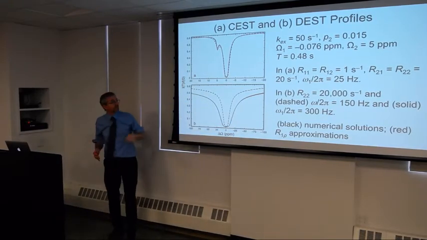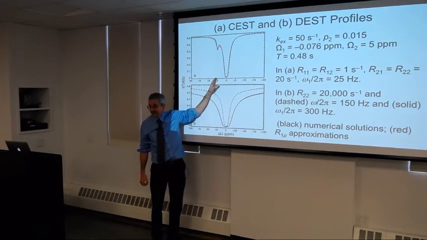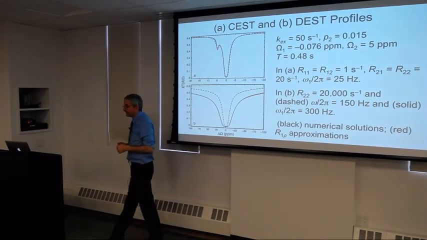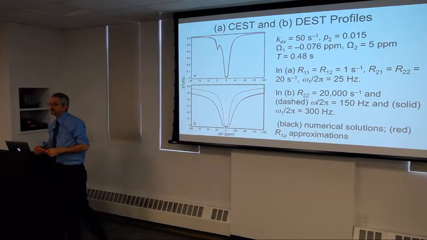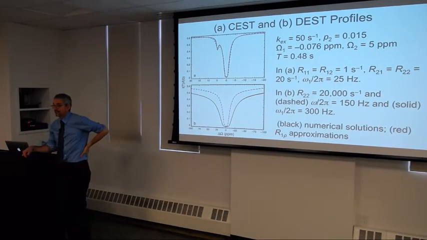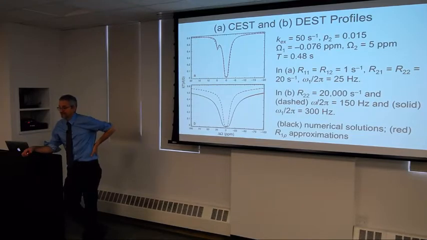Now, this depends on the chemical shift difference between the two states. But you also could have a huge relaxation difference between the two states. Suppose you had a small peptide binding reversibly to a fibril. When the peptide is free in solution, its R2 might be quite small. But when it binds to the fibril, its R2 is just going to be enormous.